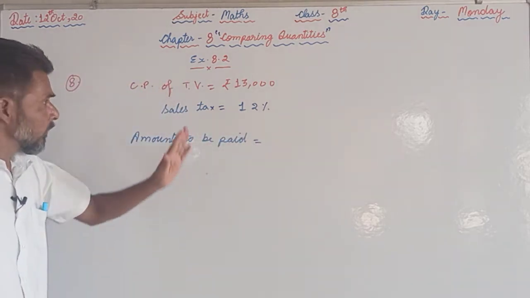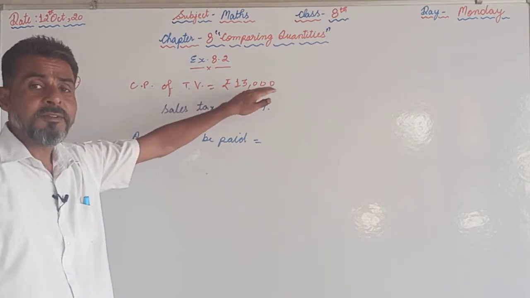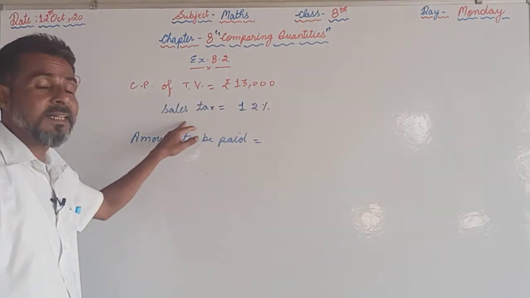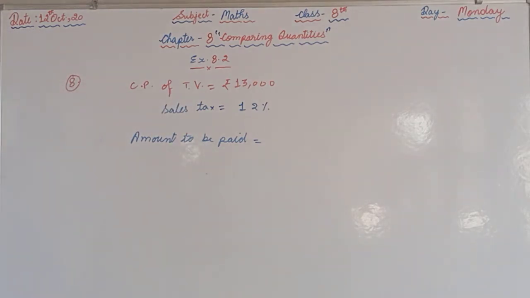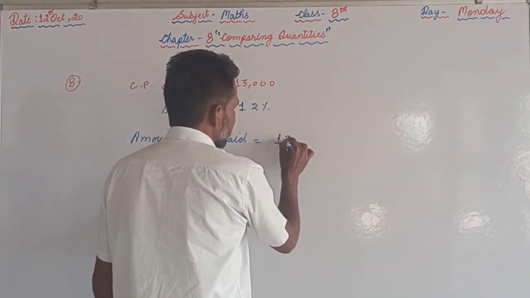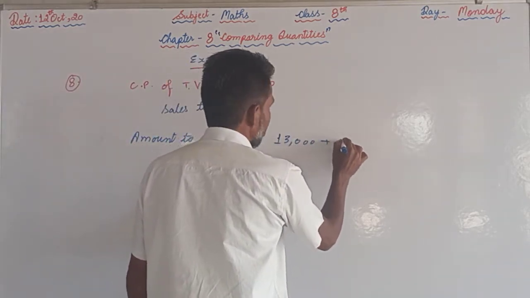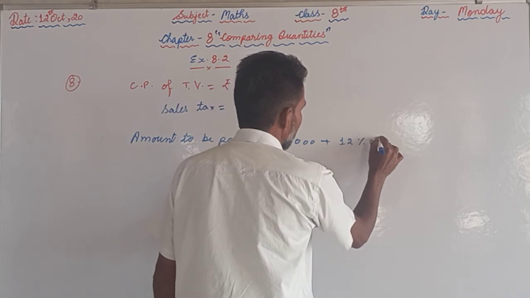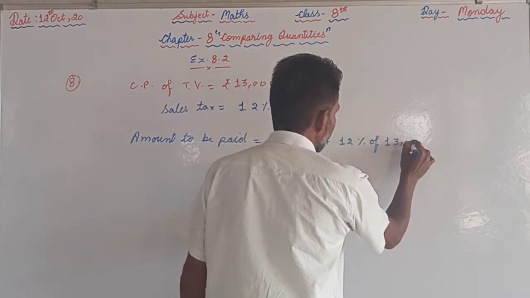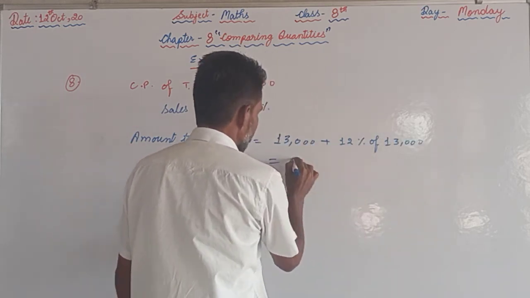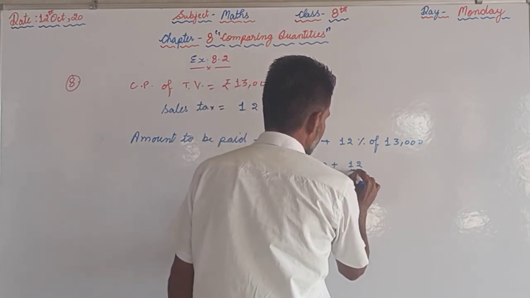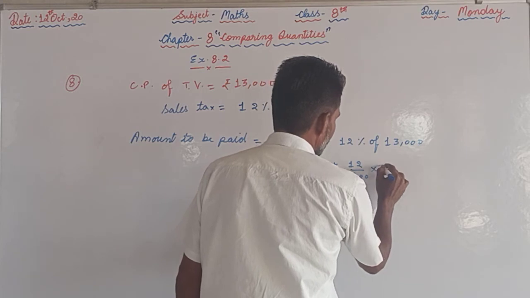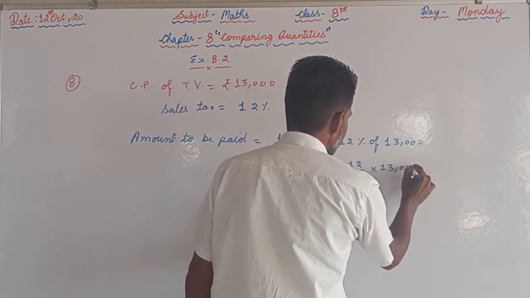Means the cost of the TV is 13,000 and we are supposed to pay 12% sales tax on that. So we are supposed to pay extra. How much extra? We first pay 13,000, then 12% of 13,000, so 13,000 plus 12% of 13,000.